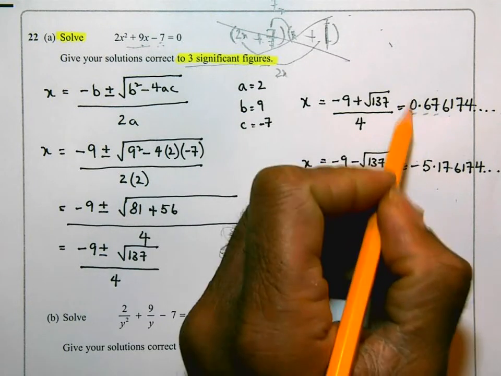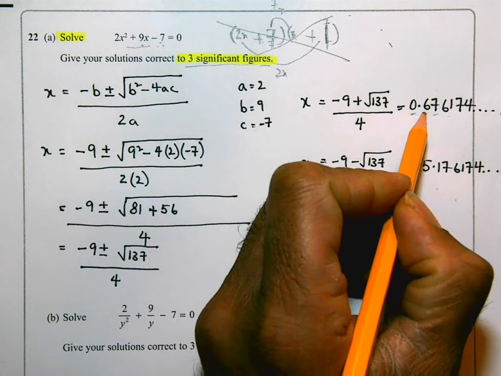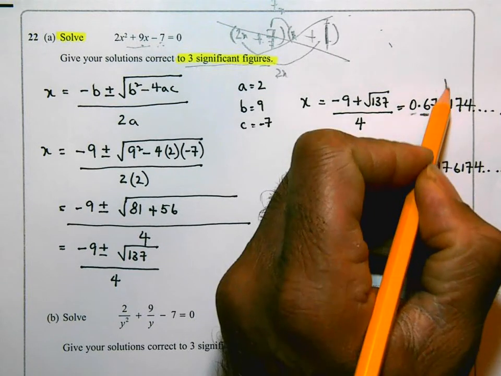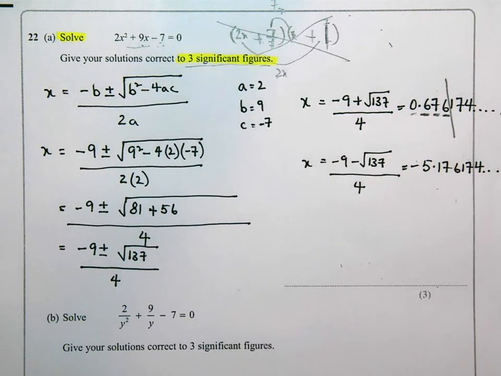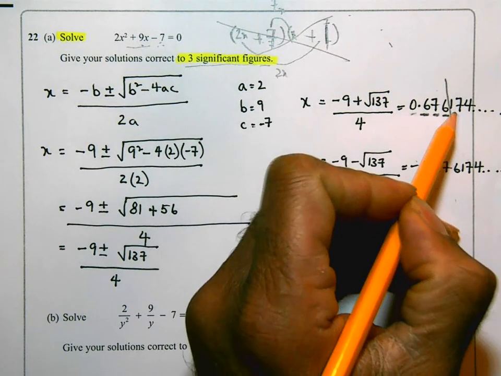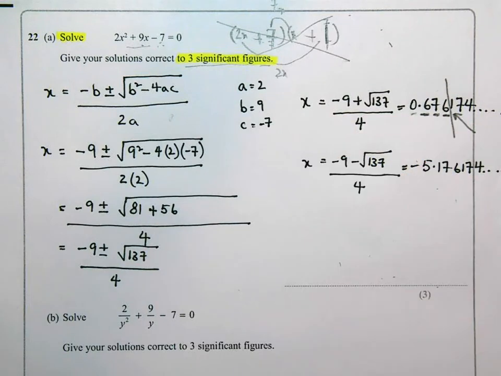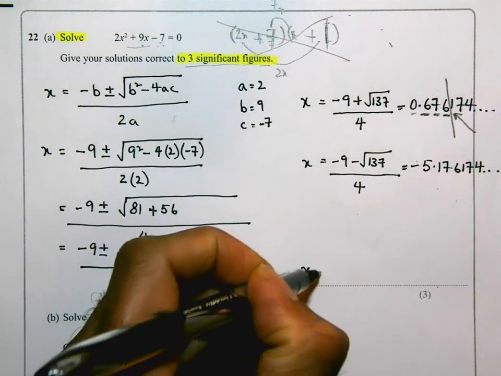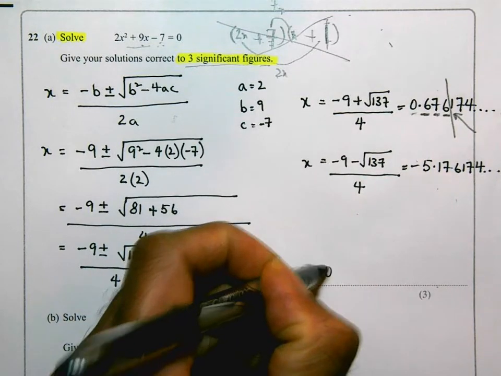So it's 1, 2, 3, and I'm going to cut it off there. I need to look at the next number along, and if that number is 5 or more, then I'll round up. But in this case, that's not 5 or more. So one value of x is equal to 0.676.